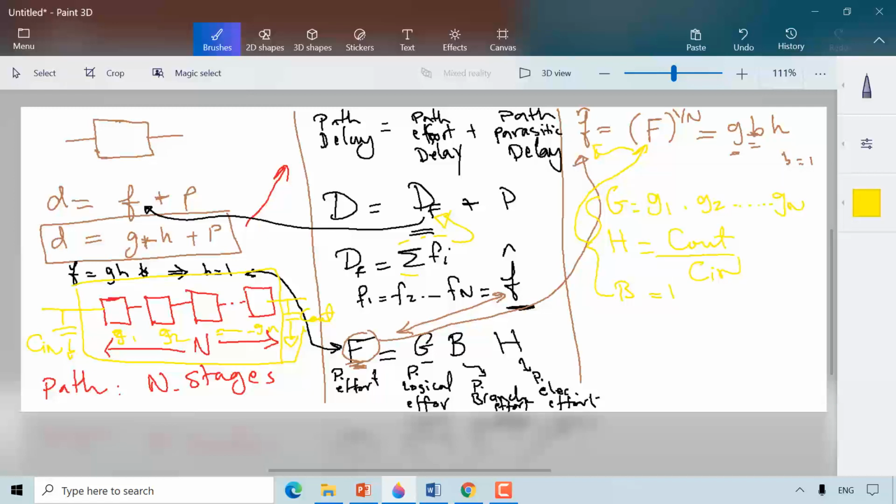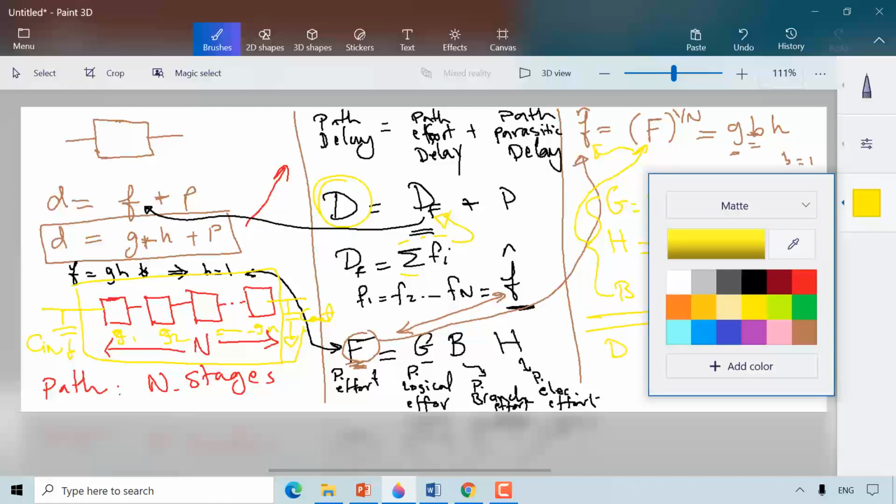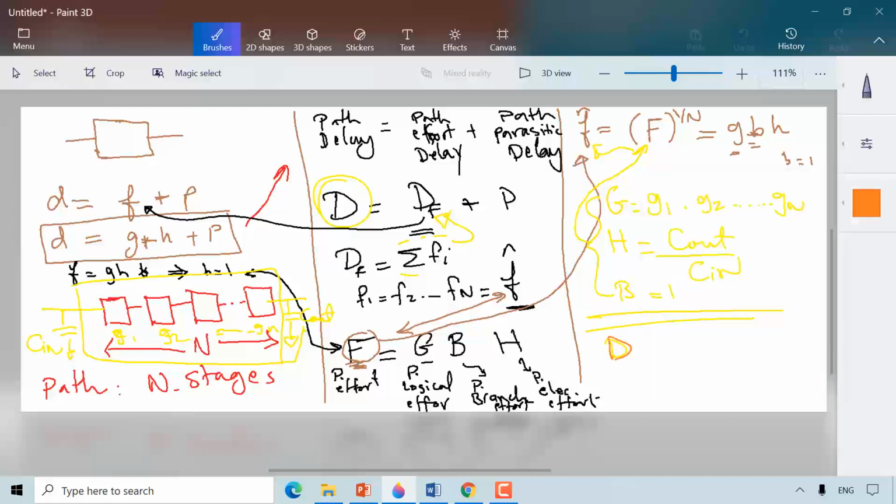The delay of the path equals n times f hat plus the parasitic delay, and I know that f hat equals f raised to the nth root, plus p.